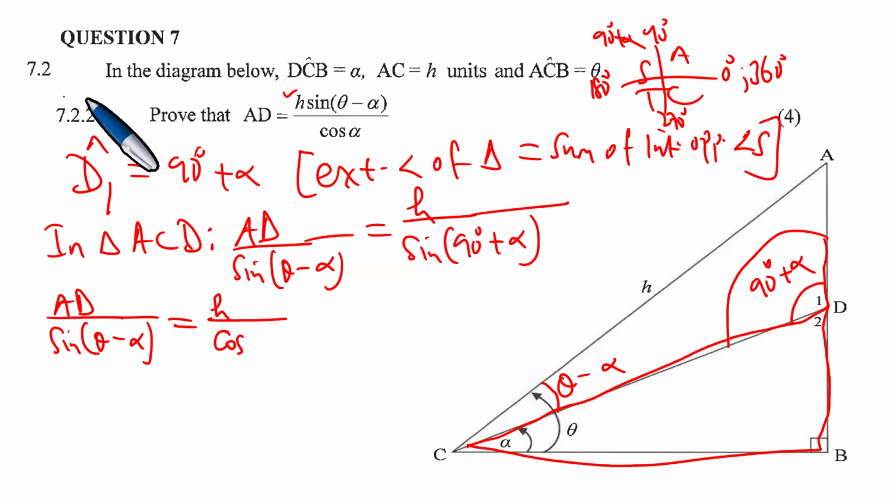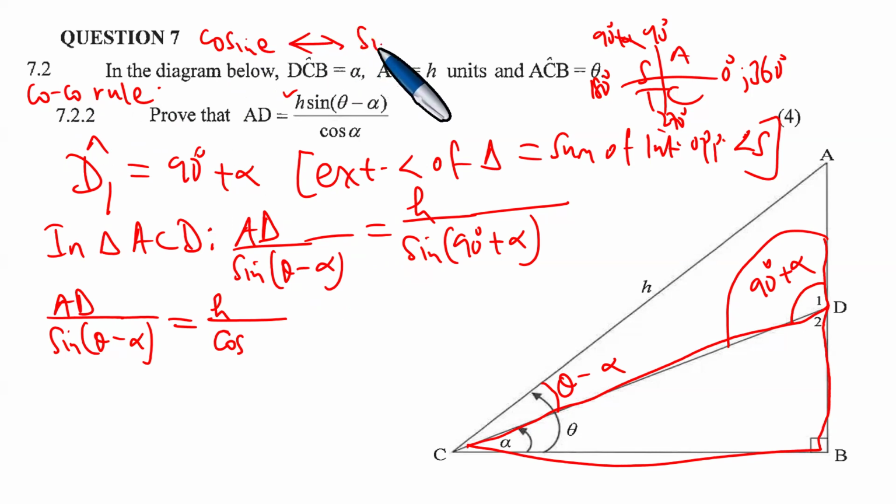Now, the co-function uses the notion of what we call the CoCo rule. The CoCo rule allows us to say that if you have the cosine function, it changes to the sine function, and the reverse is true. And this happens at 90 degrees and 270 degrees. So in the second quadrant, the sine is positive, but it changes to its co-function, giving us the cosine of alpha there.